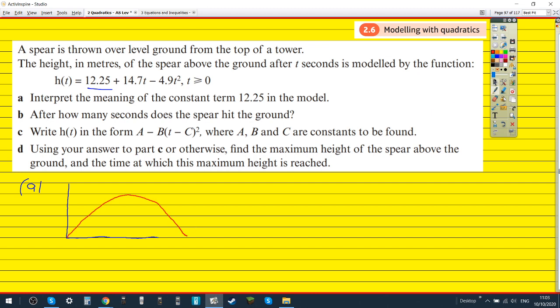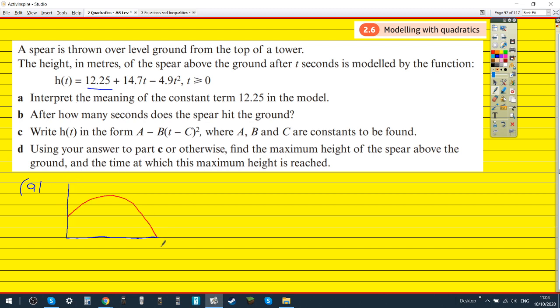So they throw the spear, it goes up, goes down. In terms of pure maths, you would say like x and y, that's the y-intercept.